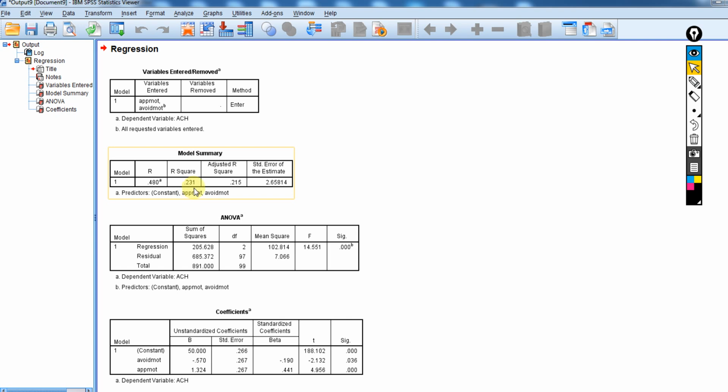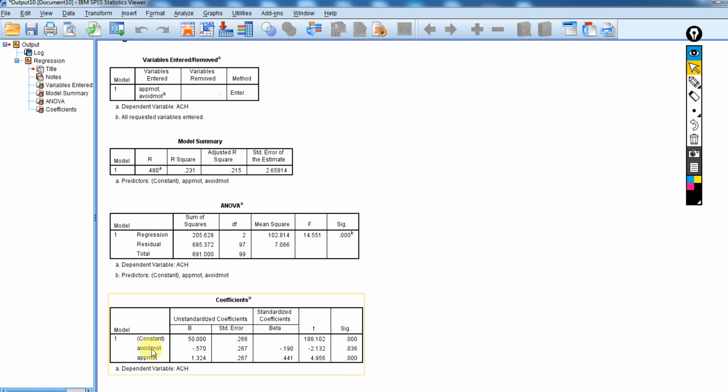We can see that that's statistically significant. And when we look down, we have approach motivation being significantly positively related to achievement, and avoidance motivation being significantly negatively related to achievement. So this is clearly a more parsimonious solution than when we ran the regression analysis where we included all of our predictor variables and where there were a number of intercorrelations among them.